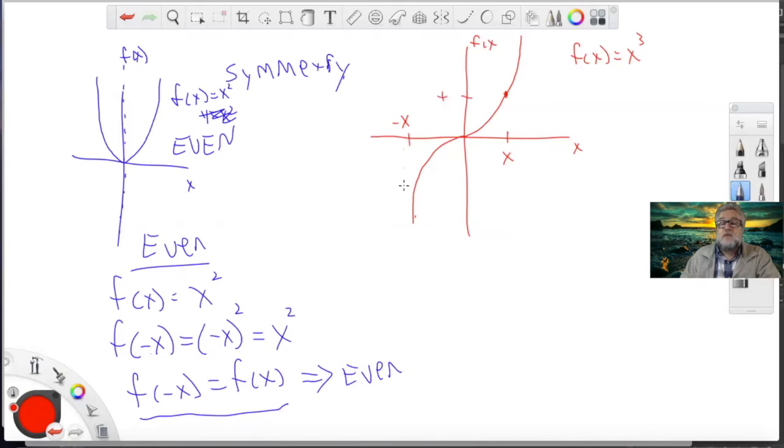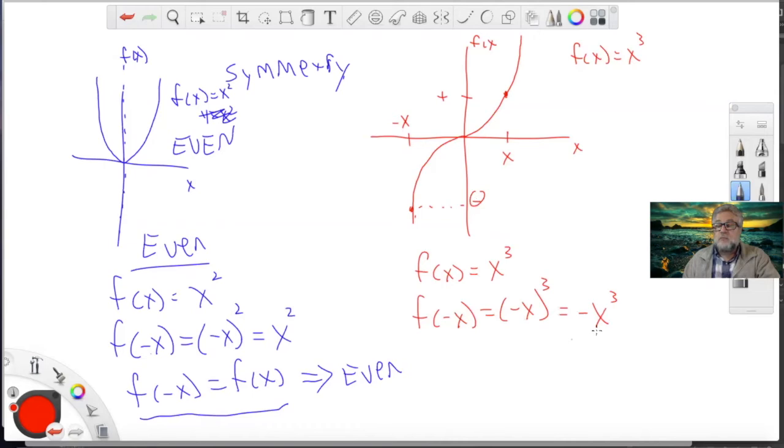If I go to minus x, it's going to give me some negative number, right? So if I take f of x equals x cubed and replace x with minus x, when I cube this, I'll get x cubed, but when I do minus 1 times minus 1 times minus 1, the negative sign survives.